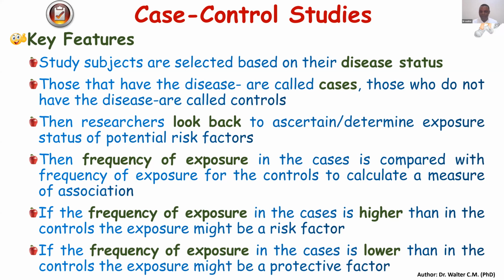The more the exposure to this environment among these people, the more the risk of getting Ebola. See, that is the character of a case control study. So if the frequency of exposure in the cases is higher than in the controls, then the exposure might be the risk factor for them to get the problem.